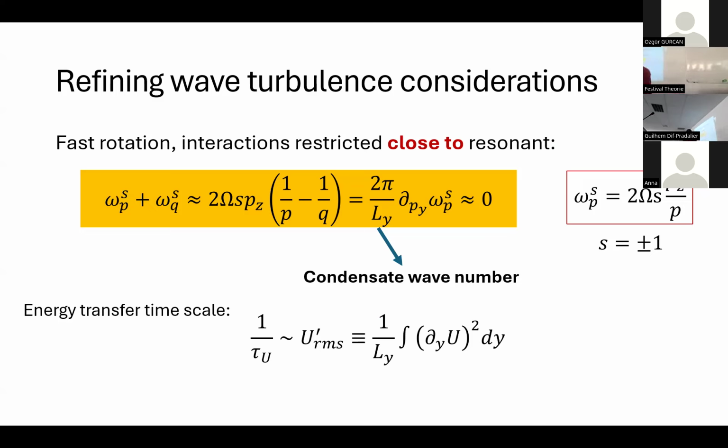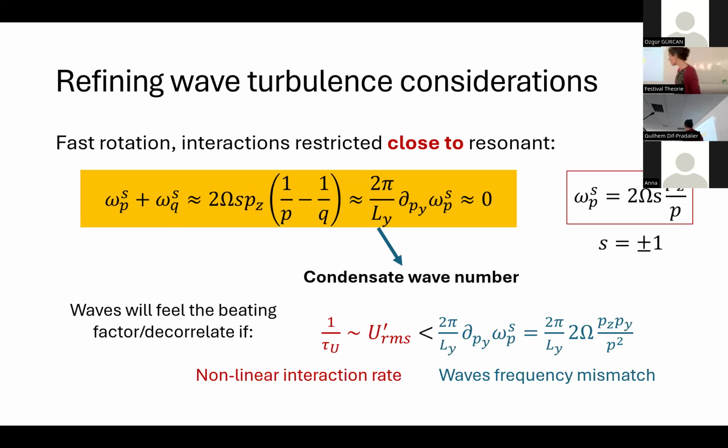So the transfer time has to do with this u prime RMS. So this is the typical rate with which interactions happen. And that tells us that we have to compare the difference in the frequencies to this shear rate.